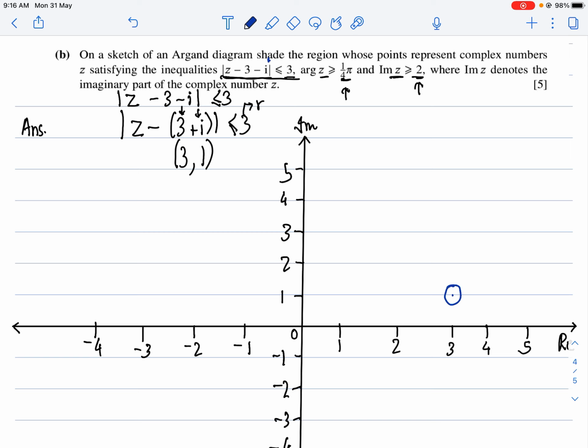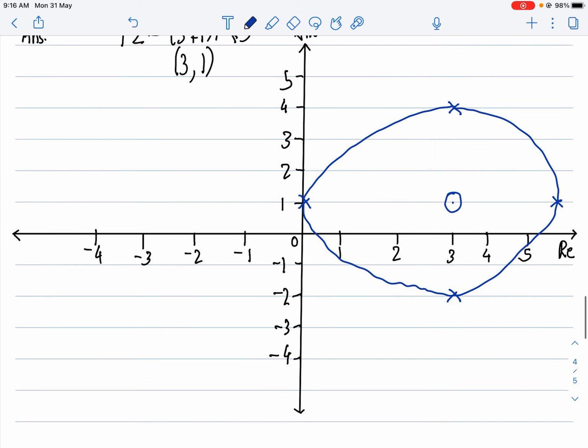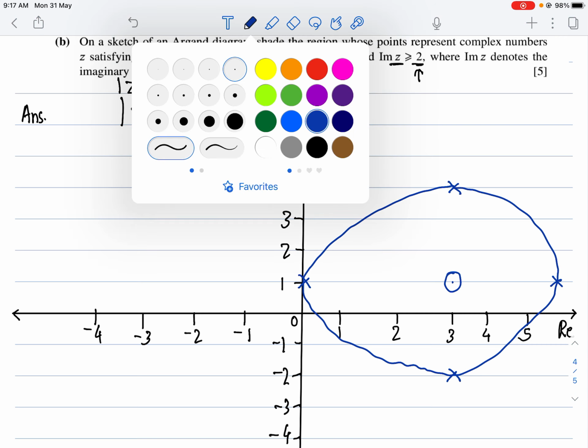So one point of my radius on my circle is here, another point is somewhere here, 1, 2 and 3, and another point, let's say there was a 6 here, so it's here. So I can say this is basically my circle. I know my drawing is not that good.